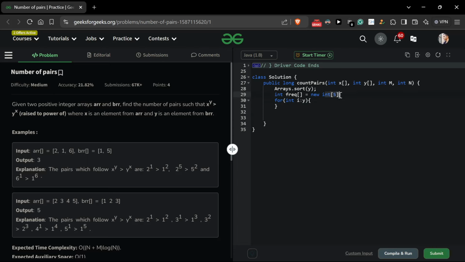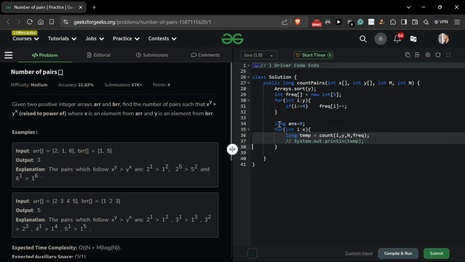We are only interested in 0, 1, 2, 3 and 4 frequencies. So if the value is smaller, then we increment the frequency. Then we have a variable answer. While iterating in x, we will count all the values. So I am passing the y array, its size and the frequency, and then add into our answer. At the end, return our answer.